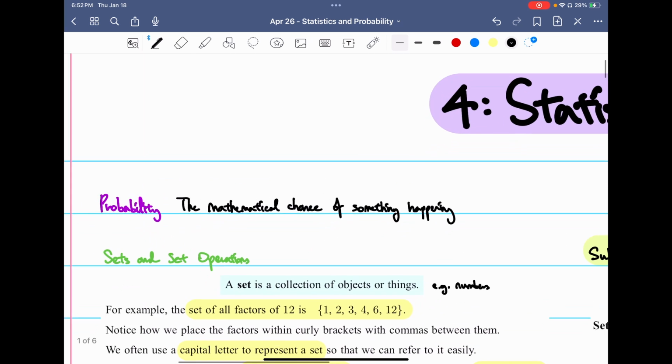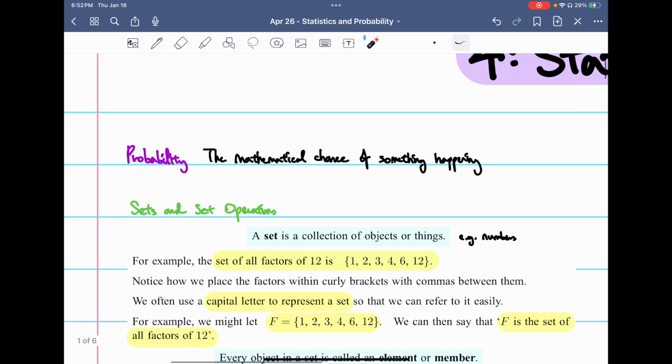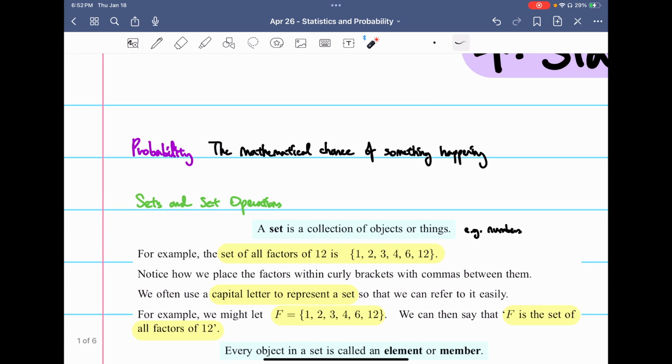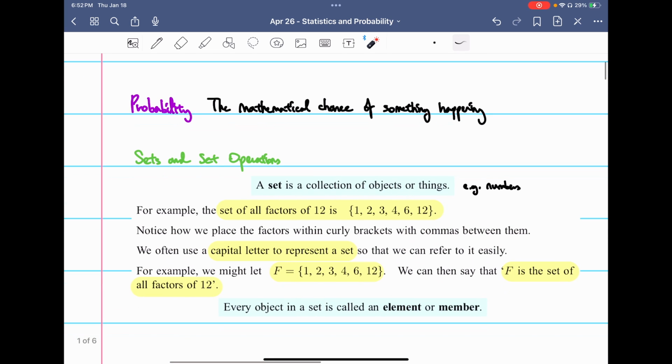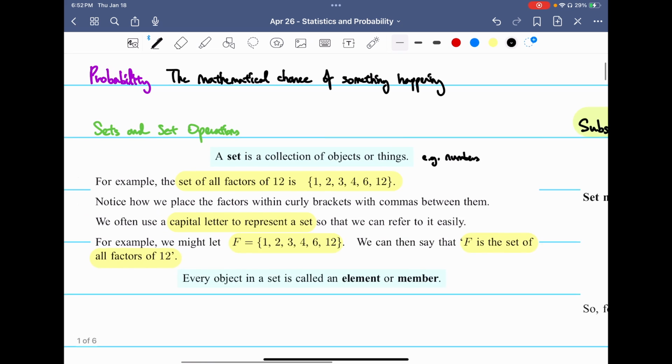First, let's look at the definition. Probability is the mathematical chance of something happening. Yes, sure, we all know what probability is. So, let's look into the specific terms used in math, which are sets and set operations. First of all, a set is a collection of objects or things, for example numbers.